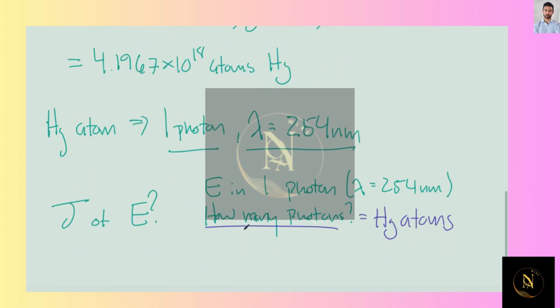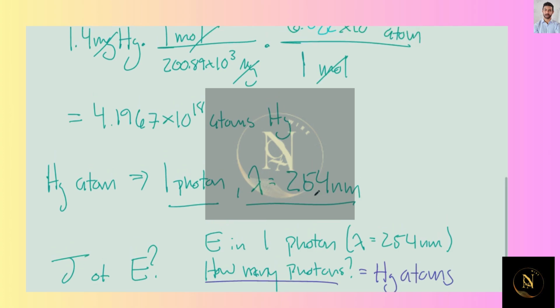Next, we need to figure out how much energy is in a single photon when that light is 254 nanometers, right? So the equation that we're going to use here is that energy is equal to h nu, where nu is the frequency, and this is the Planck equation, where h is Planck's constant and nu is the frequency of light. Well, if we don't know the frequency of light, what's the relationship between frequency and wavelength?